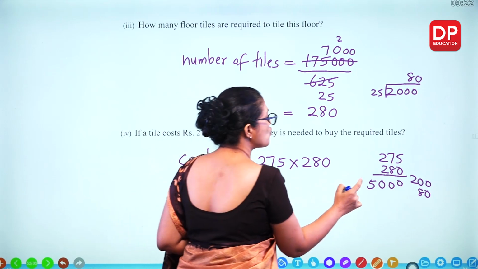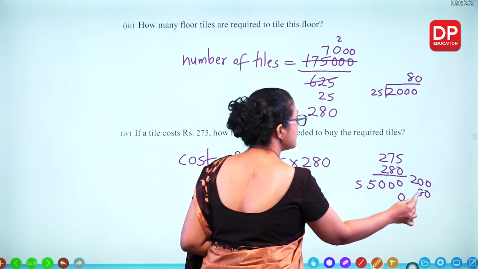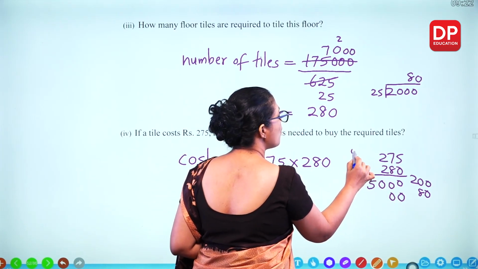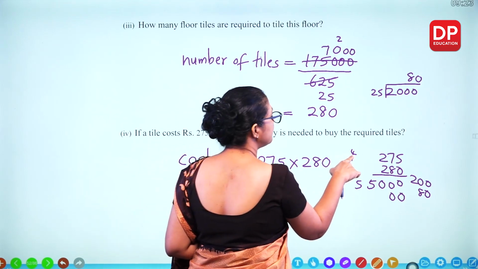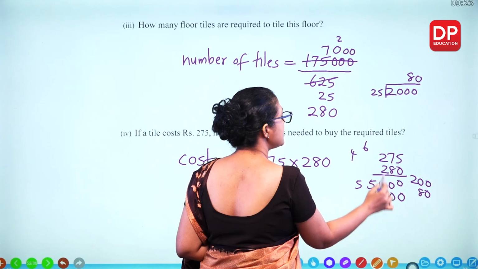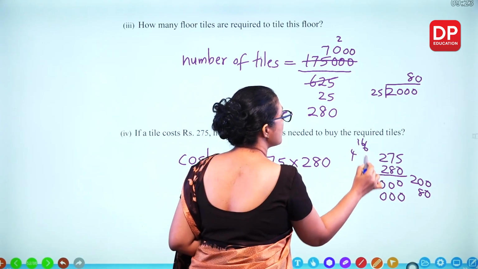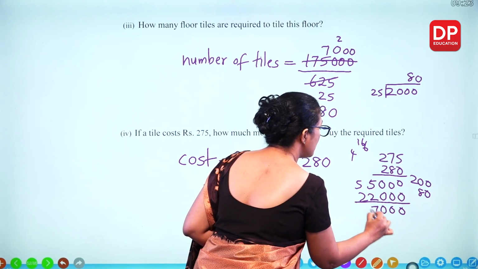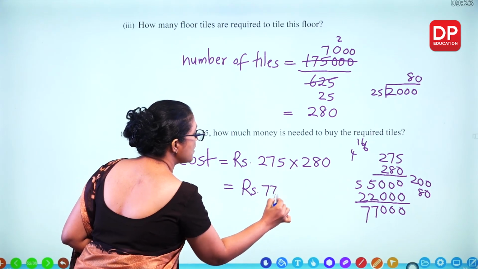And 2 times 2, 4 plus 1, 5. Then this is 8 multiplied by 8. 8 times 5, 40. 4 remaining. 8 times 7, 56 plus 4, 60. 6 remaining. 8 times 2, 16 plus 6, you get 22. So what's the answer? You get 77,000 rupees.